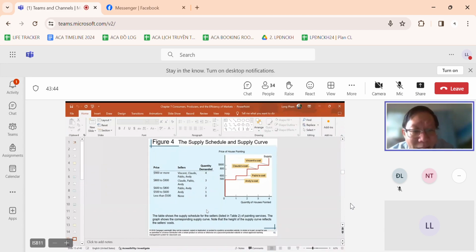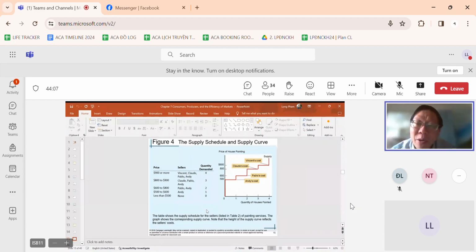And now, if the market price is 600, for example, from 500 to 600, what do you say? In this case, just Andy can try the market by selling his product, one unit.